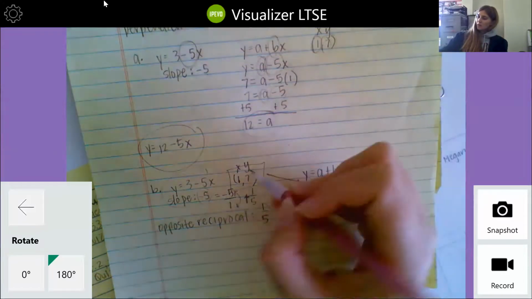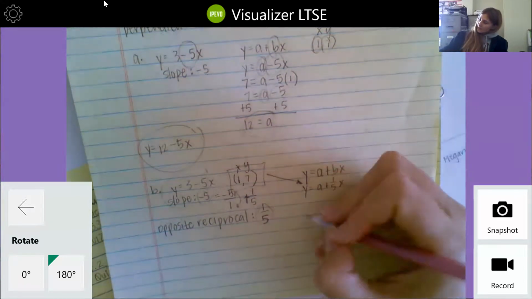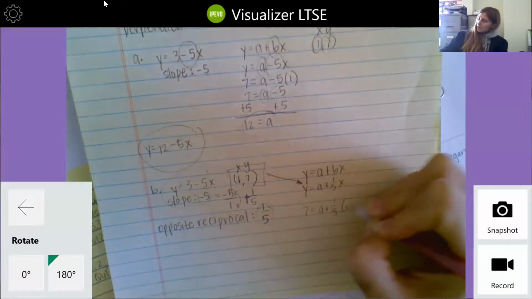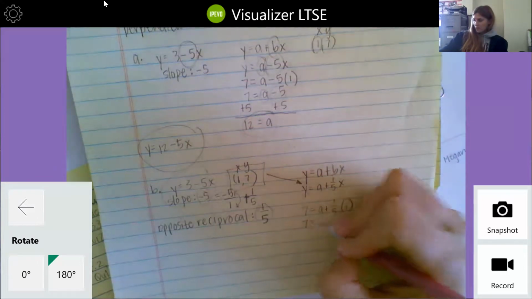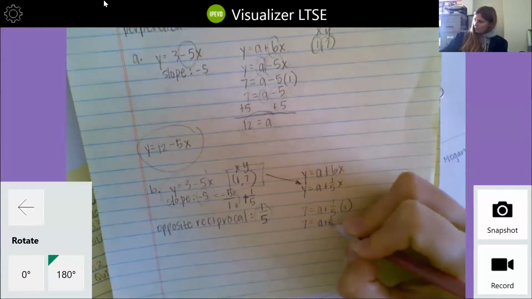So I plug in 1 for x, 7 for y. So I get 7 equals a plus 1/5 times 1, which is just 1/5.